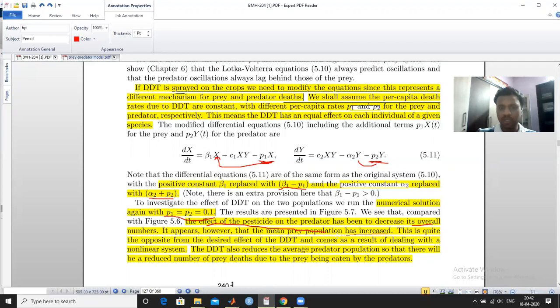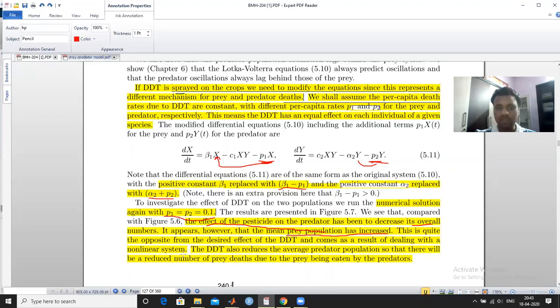The average number of prey has increased. But what was the desired result? Our desired result was that the population of the prey should be decreased, but here the population of the prey is increased. So this is quite opposite from the desired effect of the DDT.